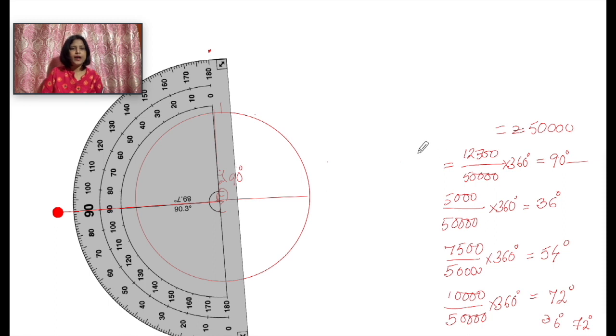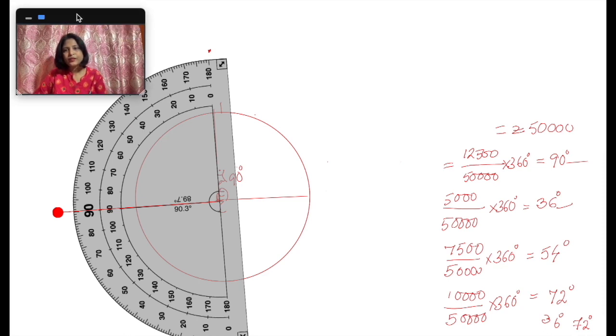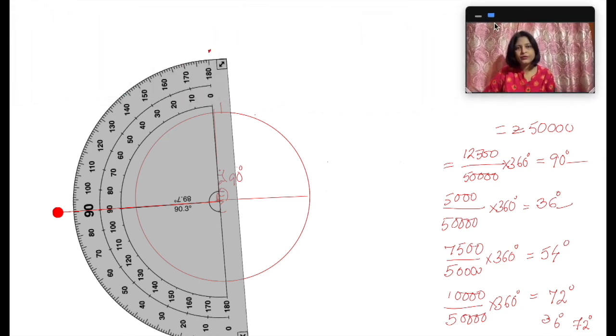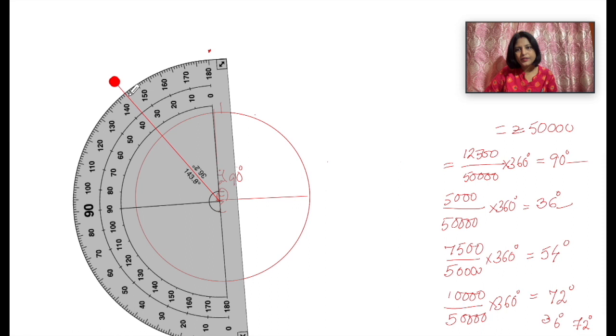Okay, and now we need the next angle, that is 36 degrees. So if I start counting from here 0, 10, 20, 30, I don't need 360 degree but I need 36 degrees. So here you can see 36 will come somewhere here. So here I am drawing 36 degree and it is somewhere here.